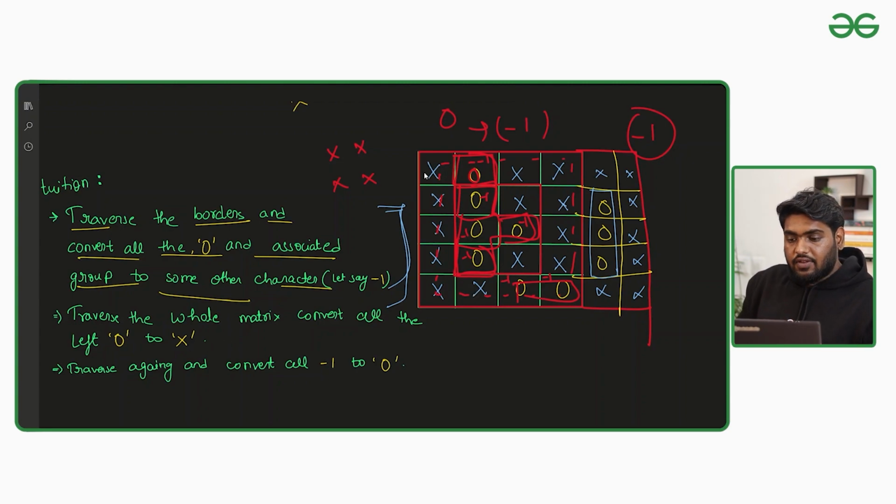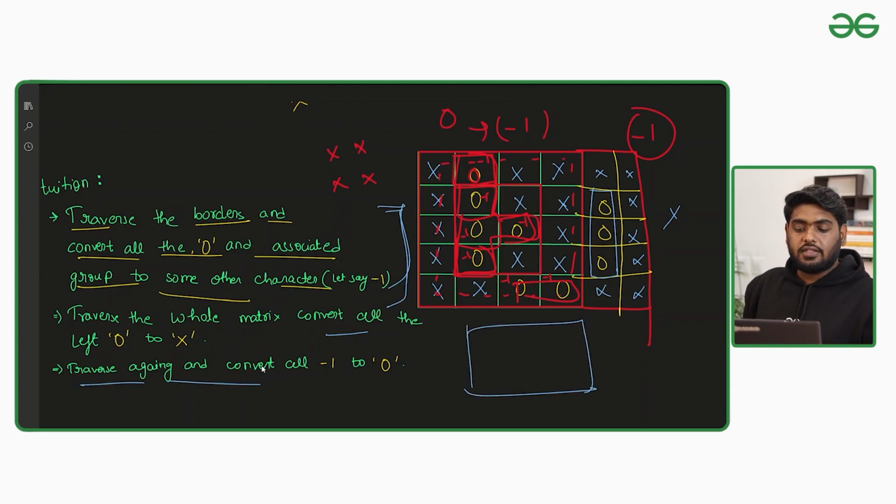Then I will traverse my matrix completely using nested loops and convert all the remaining O's to x. Once that is done, because I have to return the answer, I'll again traverse that matrix, and this time all the places where I have -1, I'll set back to O's. This is a 3-step approach, and in these 3 steps, this whole question will be solved.